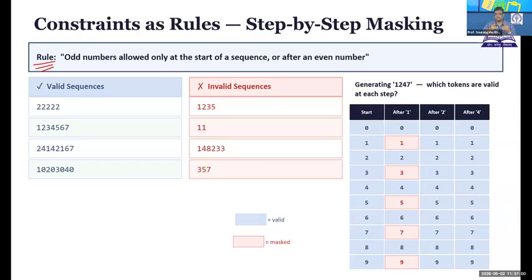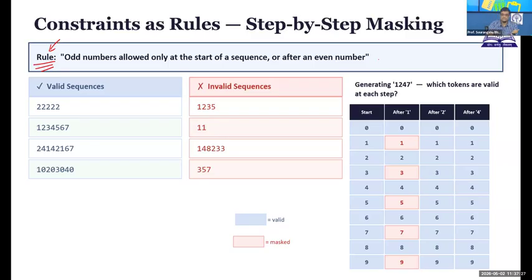Remember, we talked about all these different ideas, JSON generation, maybe generation of URLs, generation of phone numbers. How are these things defined? They are defined with some sort of a rule, maybe a regular expression rule or something, some such rule.